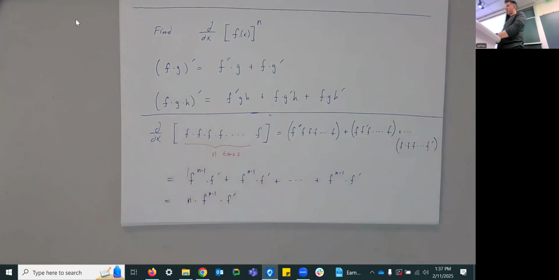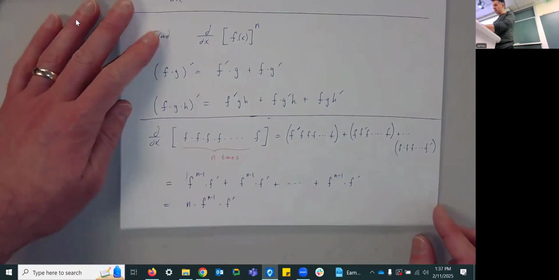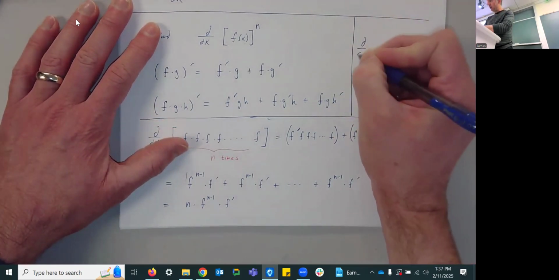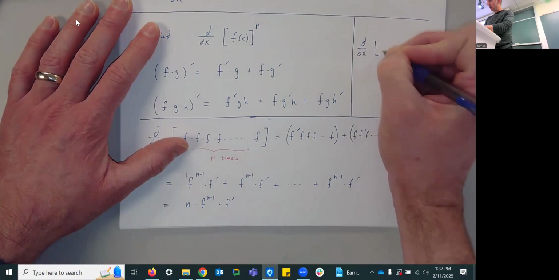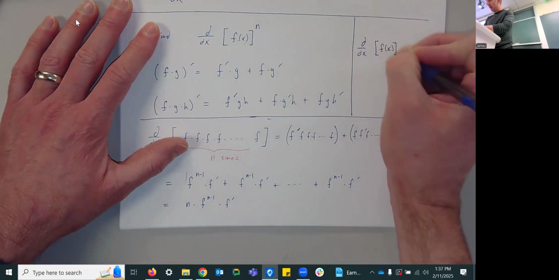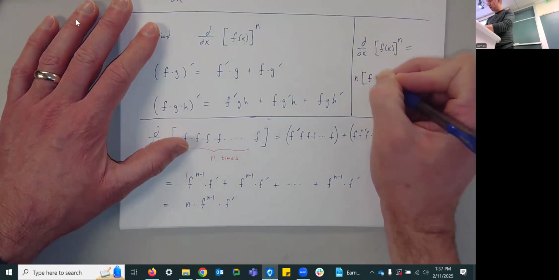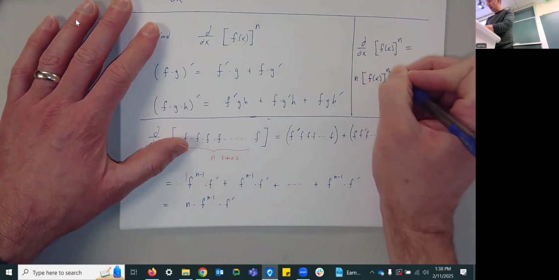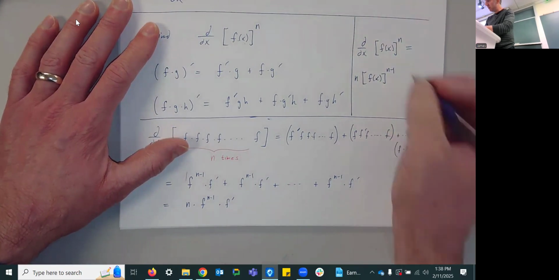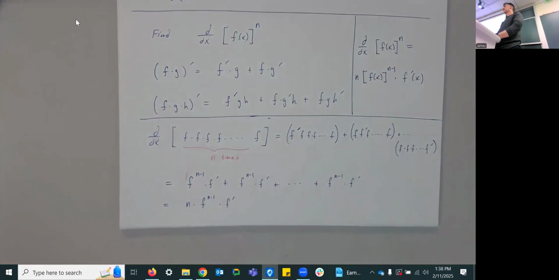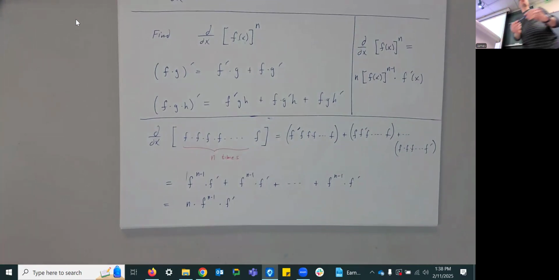Or written slightly more nicely, the derivative of some function raised to the nth power is going to be n times that function to the n minus 1. Oh, that looks like the power rule. Times the derivative of the inside. Chain rule. I should be more specific here. This is specifically the power rule version of the chain rule.